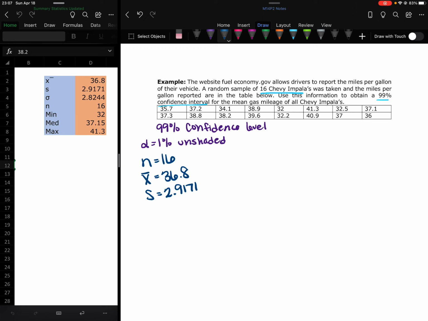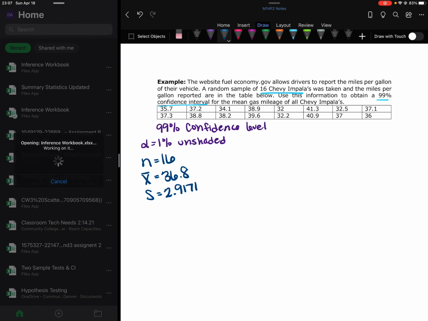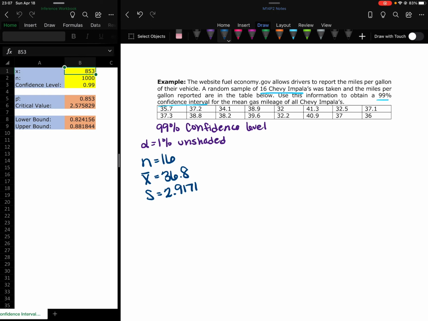Once I have that, then I can go ahead and find the confidence interval. And I'm going to go ahead and do this one just straight into Excel so that you can see what I'm expecting if all you're doing is a question using Excel and you don't do it by hand. So this is how you would start.